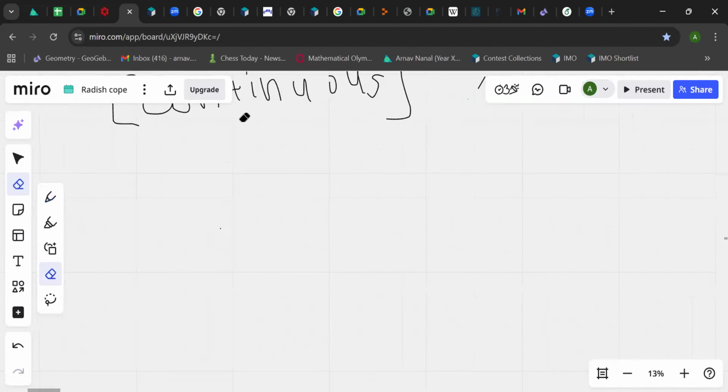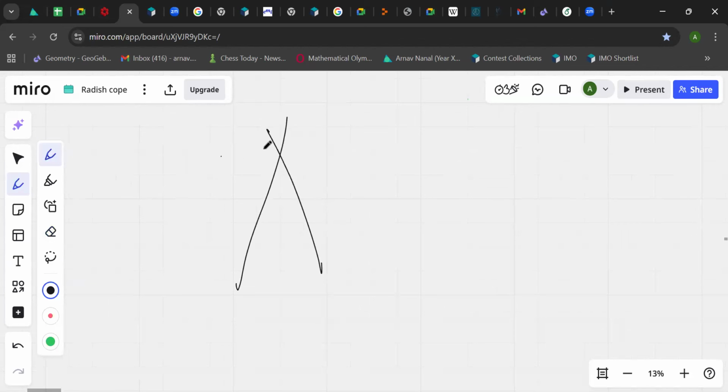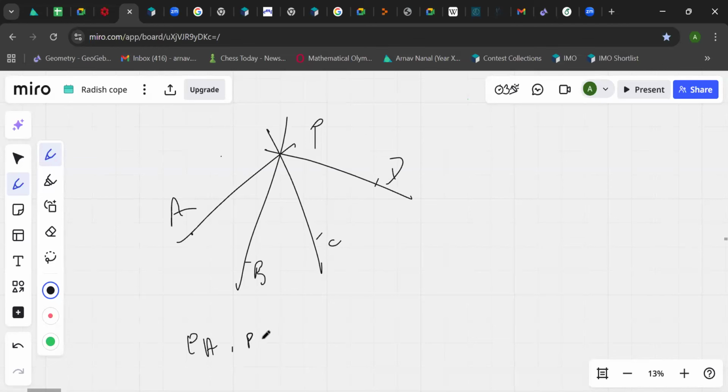I think I should have shared this later. Basically, if you have a pencil of lines through P, like A, B, C, D, and you are given PA, PB, PC and you want the cross ratio to be equal to some real number K, these things get fixed.